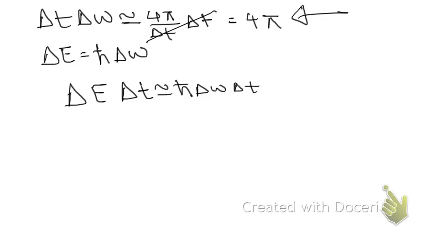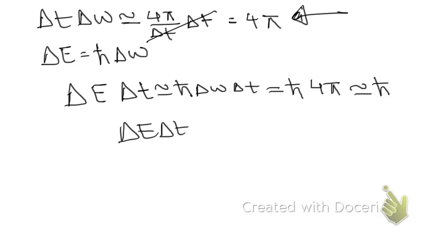But we have just seen that delta t times delta omega is simply 4 pi, so we can write this as h bar times 4 pi, and we can neglect 4 pi because it is still consistent with our approximation. So this is approximately equal to h bar. We have found the relation that delta E times delta t is approximately equal to h bar.